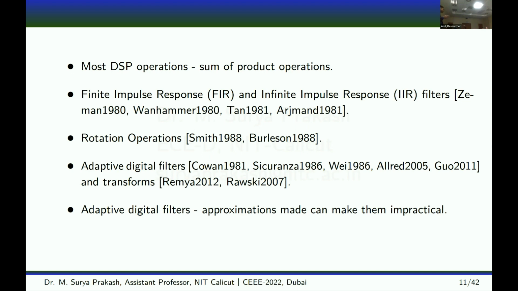In fact, an adaptive digital filter is basically a digital filter whose weights are updated from time to time. So these are also implemented using distributed arithmetic. And in the process of implementation, some approximations were made to the standard weight update algorithms, and that's the reason some of them are impractical to implement.